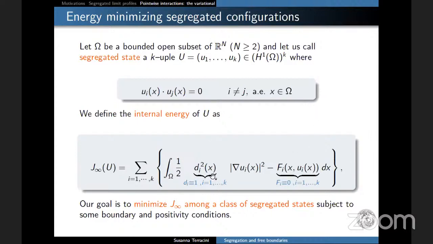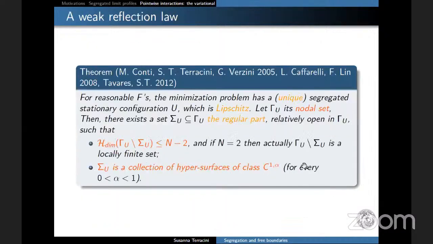One possible entrance point to this problem is to define a functional, which is in this case the sum of the Lagrangian energies associated with each single equation, and minimize this functional. Why it is called J infinity will be clear in a moment, among a class of segregated states subject to some boundary and positivity condition.